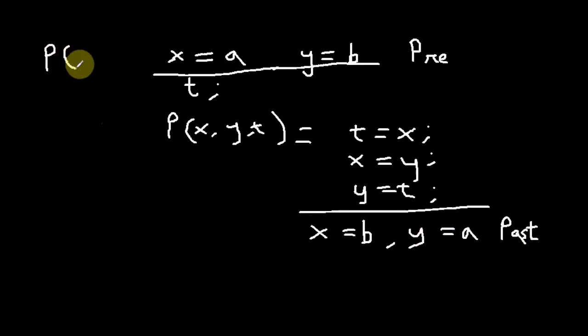Now I want to show you the relationship between these two. Basically this is predicate logic. P of x and y, where x is equal to a and y is equal to b. If this is true, proper values are assigned, and then we check this one. Then Q is equal to x and y.